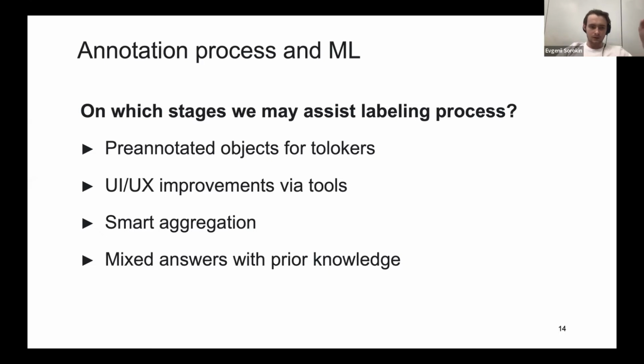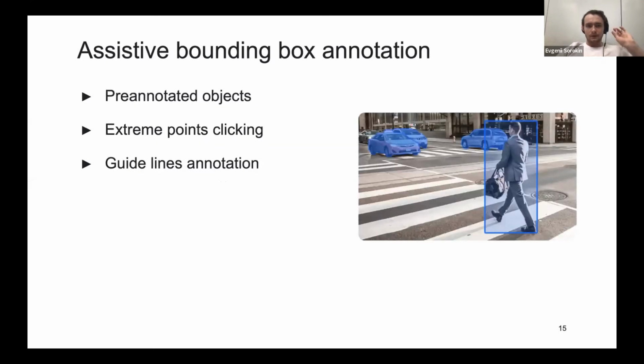Okay, next. About pre-annotation, assistive bounding box annotation. We can pre-annotate objects and just ask a Toloker to tell us whether it is a correct pre-annotated suggestion or not. So it will dramatically speed up the annotation process.